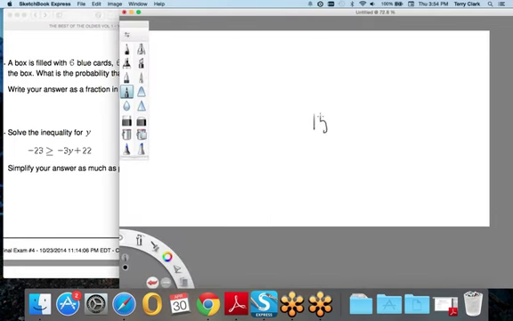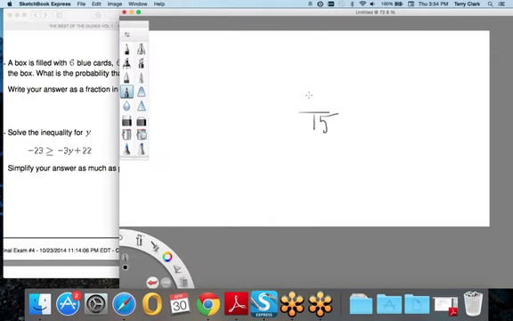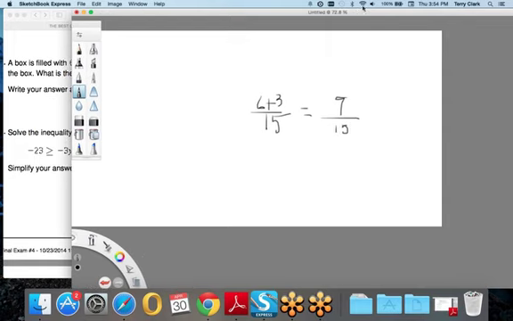Now we're wanting to know what's not brown. That's going to be pretty easy. It's going to be the blue ones and the green ones. So we'll add the blue and the green together, 6 and 3, and that'll be 9 over 15. 9 over 15 can be simplified down to 3/5.